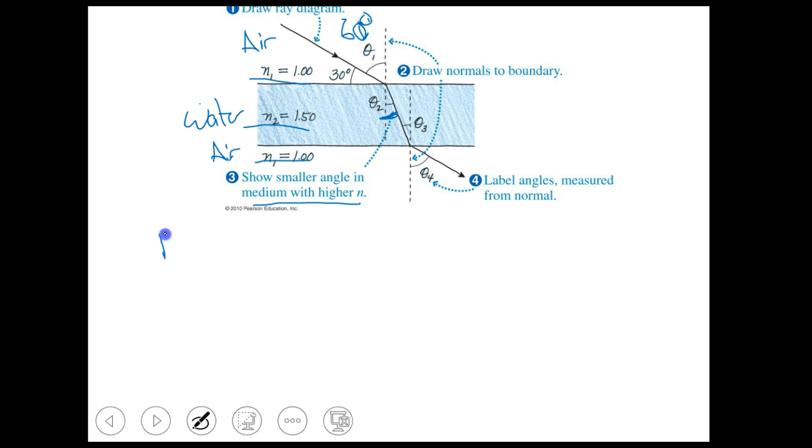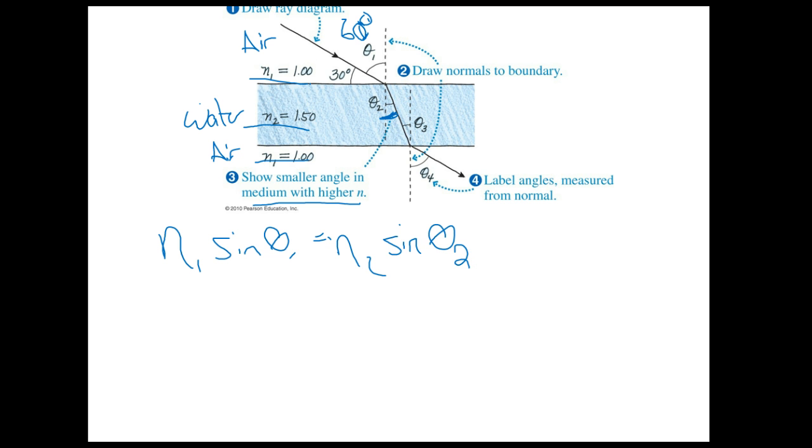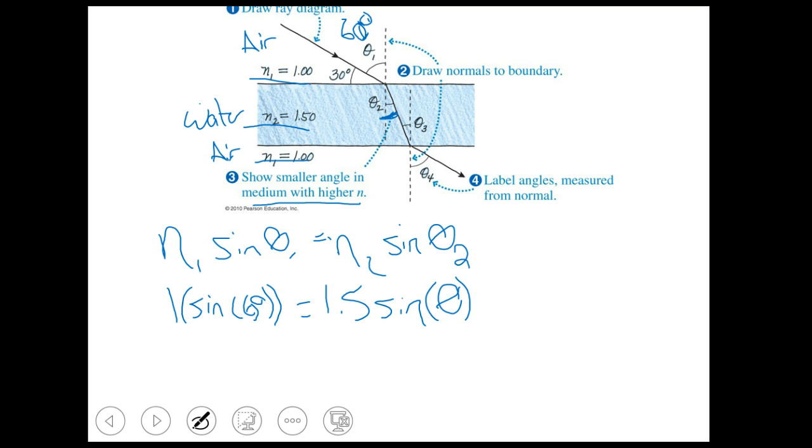And so Snell's law says that n1 sine theta 1 is equal to n2 sine theta 2. Alright, so I'll go ahead and write it out. I've got the index of refraction of air is 1 times sine of 60 degrees is equal to 1.5 sine of theta 2.